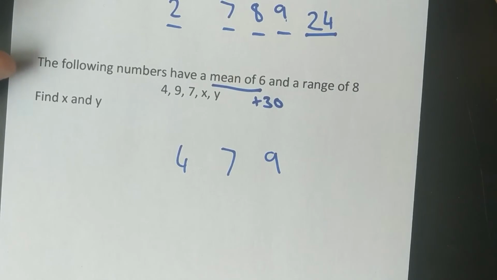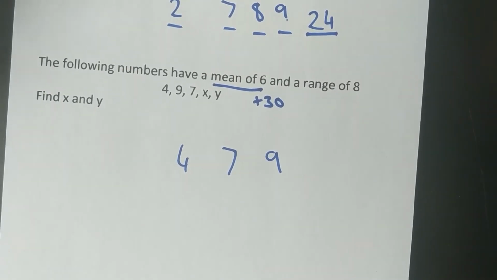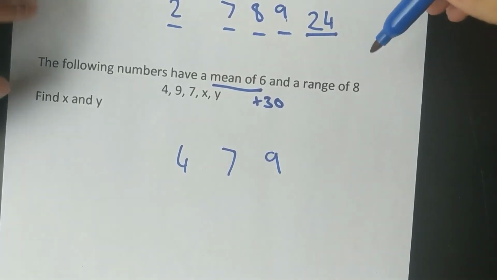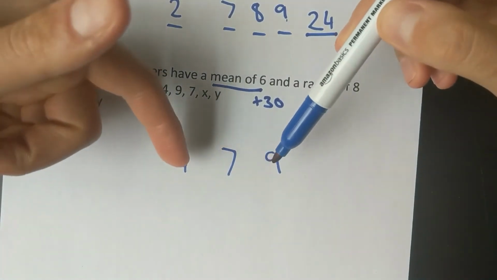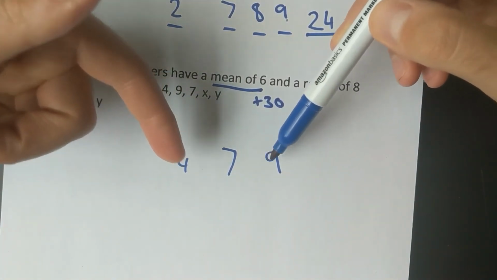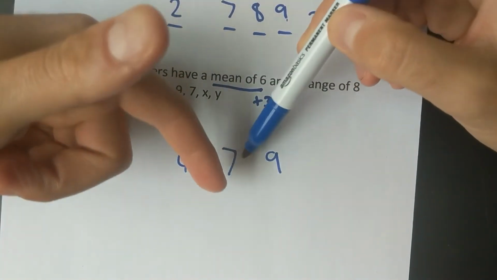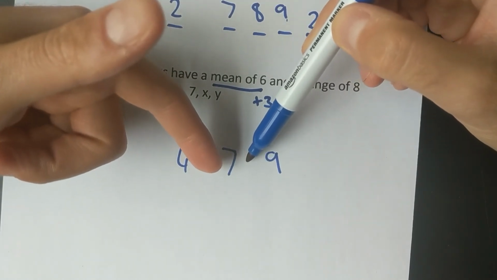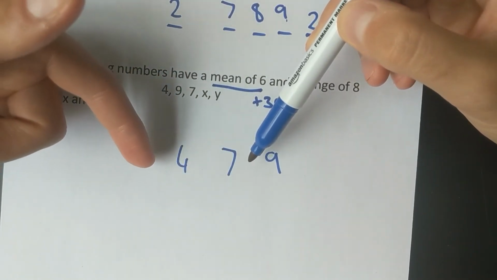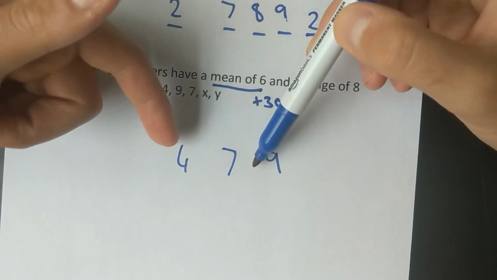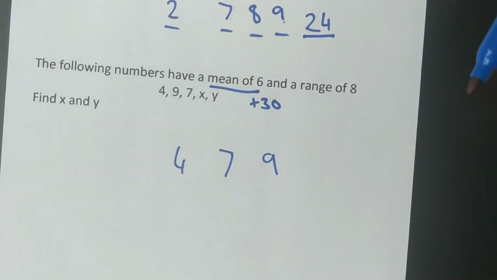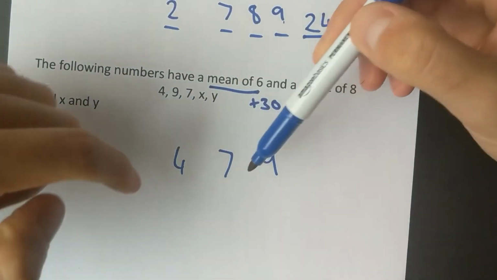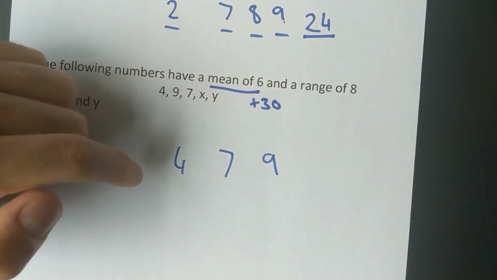Now, this one is a tricky one because we've got some options. That range of 8, either, here if we look, we've got 4 and 9. That range is an 8, so I'm not going to have both of my numbers inside here. I'm either going to have this as 1 or this is 12.